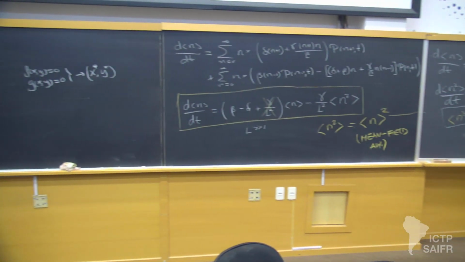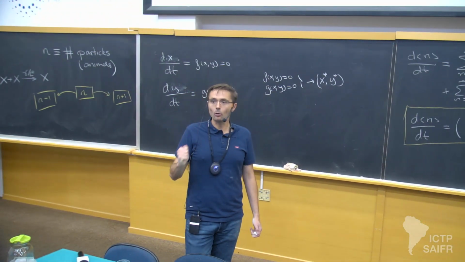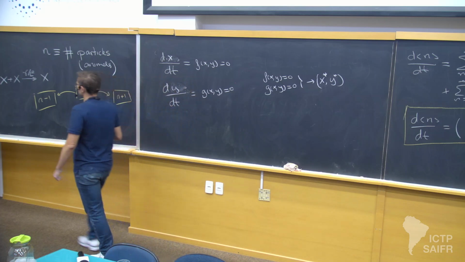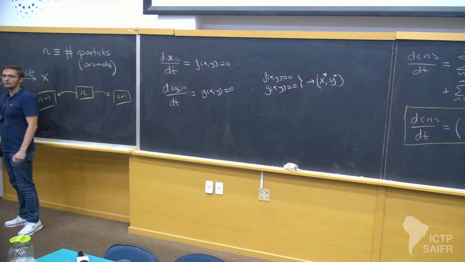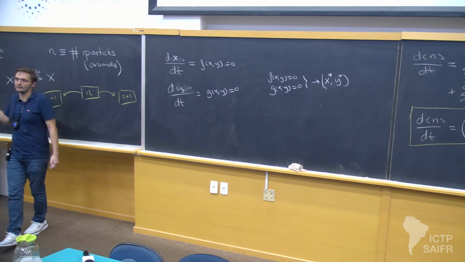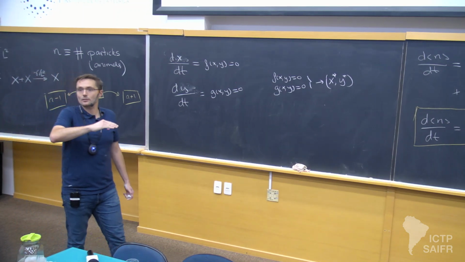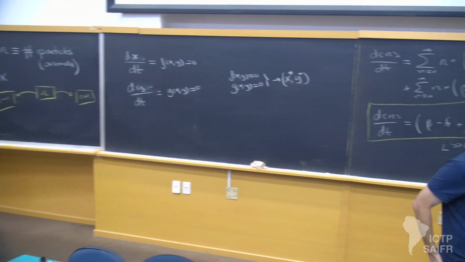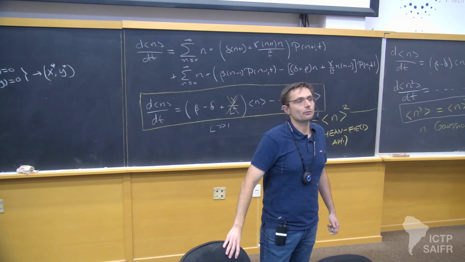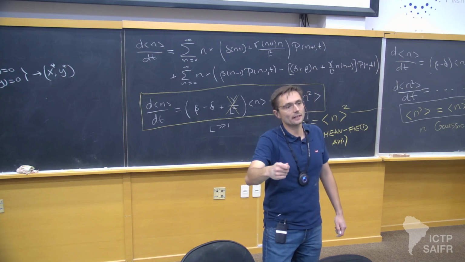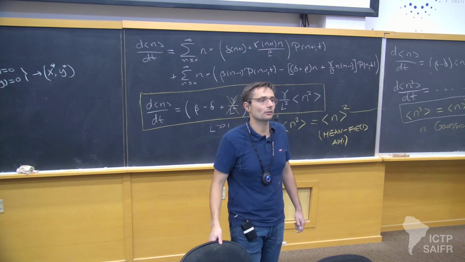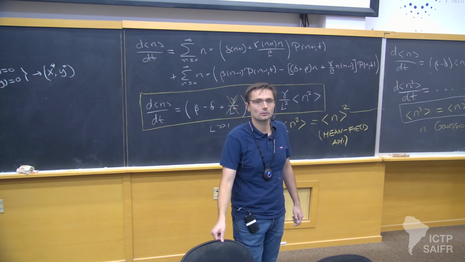Once n is equal to 0, both the mean value and the fluctuations are 0, because if I don't have particles, they cannot reproduce, they cannot die, and they cannot collide. So at 0, my dynamics is frozen. That is going to change the statistics close to 0. What is the probability that my system reaches 0? How long will it take to reach 0? We are going to try to calculate those things.